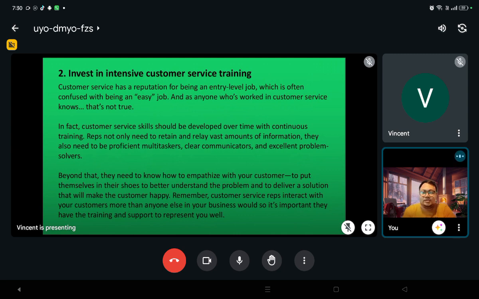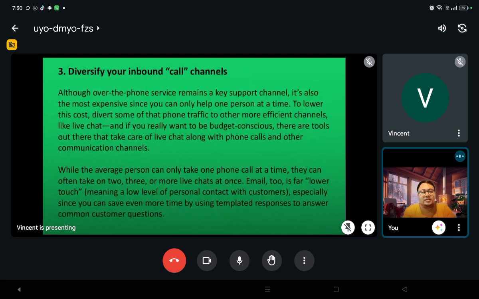Okay, so we have the third: diversify your inbound call channels. Although over the phone service remains a key support channel, it's also the most expensive since you can only help one person at a time.